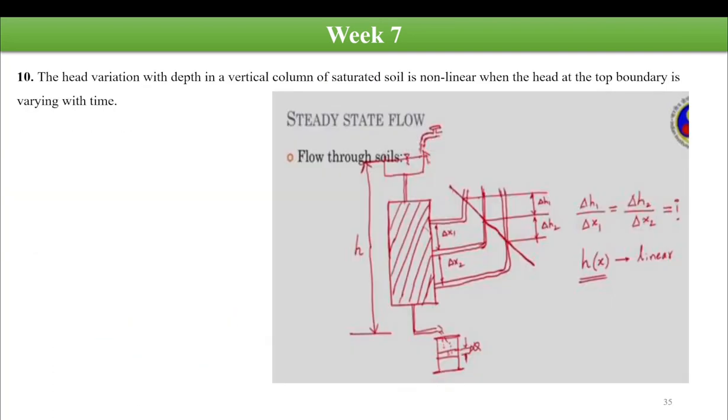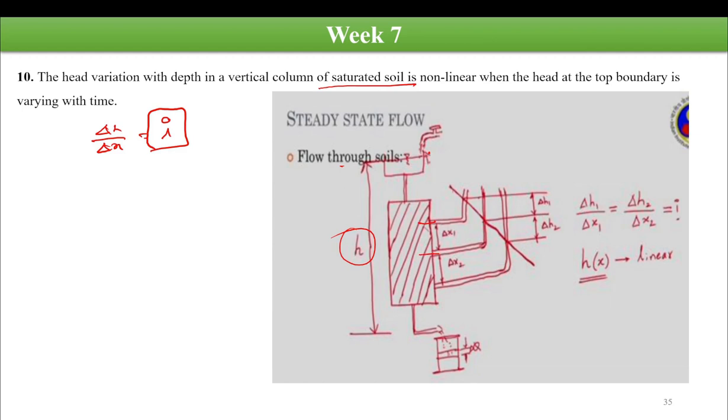Then we have this last question, which says the head variation with depth in a vertical column of saturated soil is non-linear when the head at the top boundary is varying with time. From the basic formulation, if a particular head H is maintained, the head variation, that is delta H upon delta X, is called the hydraulic gradient, right? In the saturated soil, this hydraulic gradient is always constant.